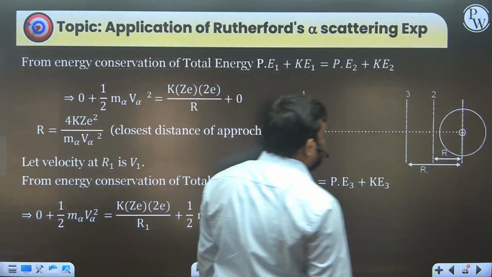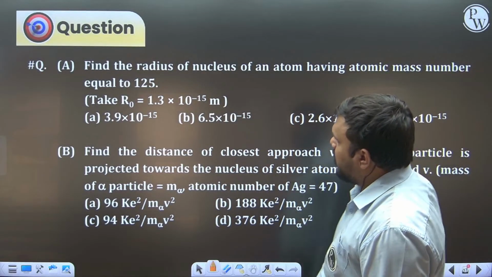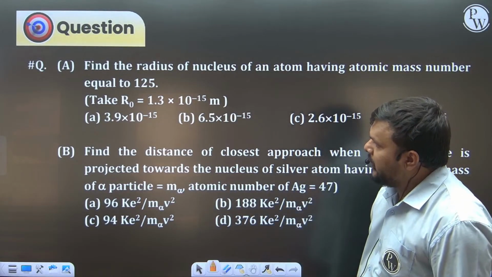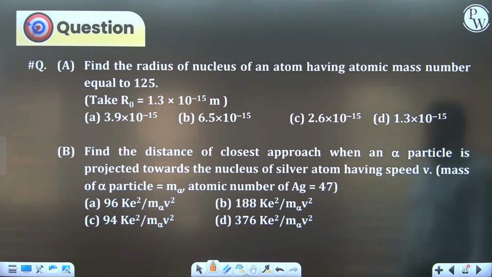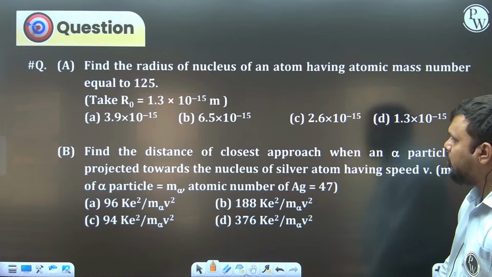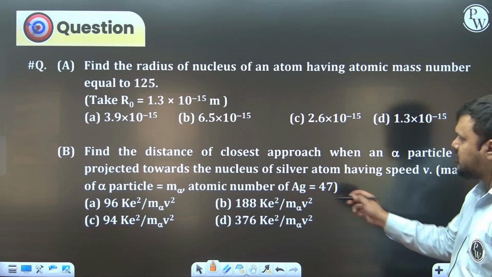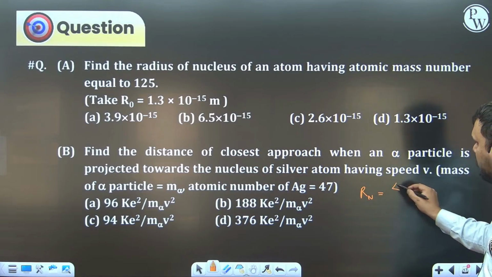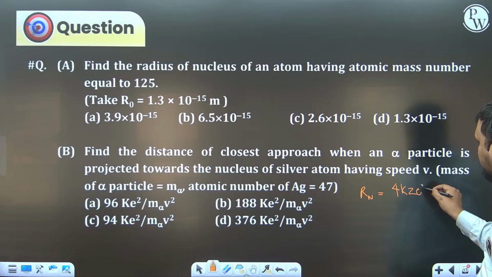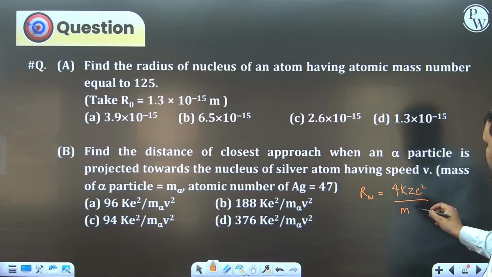So let us see what questions they are asking over here. So this question B, let us see what the question is. Find the distance of closest approach when an alpha particle is projected towards the nucleus of a silver atom with speed v. Of course, now we saw the formula, that is 4kZe square upon m alpha v square, where m alpha is the mass of the alpha particle.